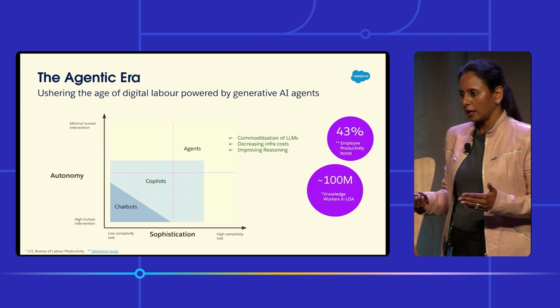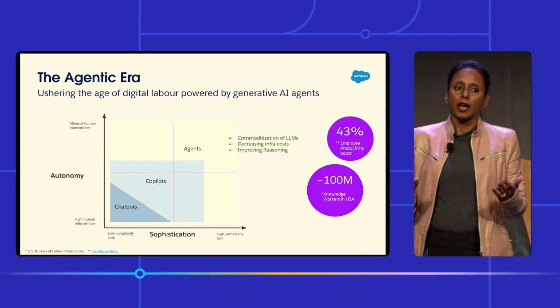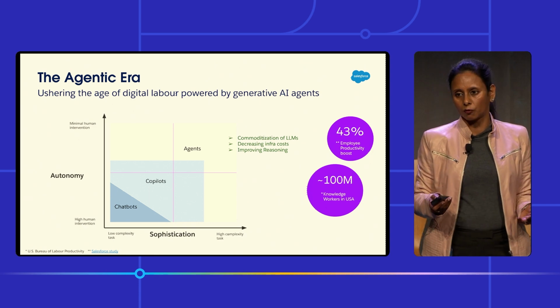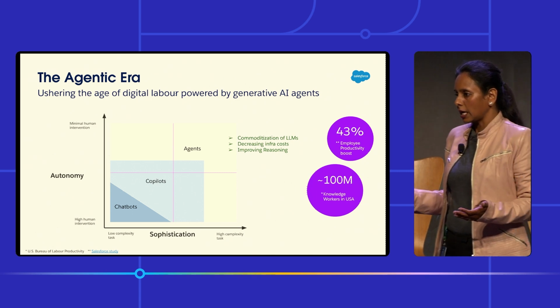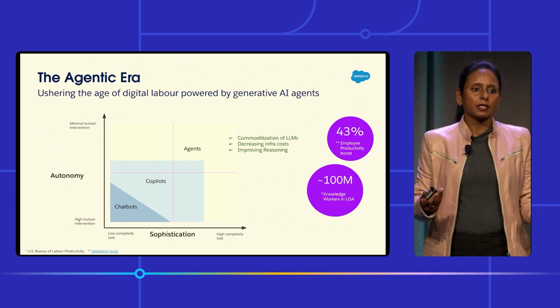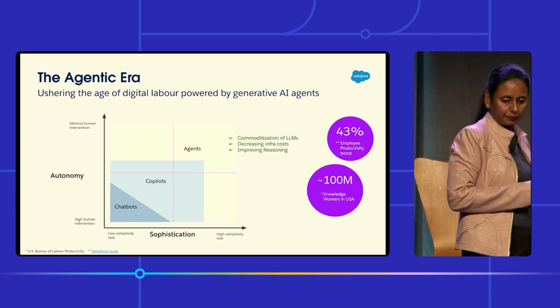Separately, in an independent study carried out by Salesforce, we found that Agentforce helped increase the productivity of employees by up to 43%. So that's where you can see that there is a massive opportunity to advance that productivity and bring about that digital transformation.